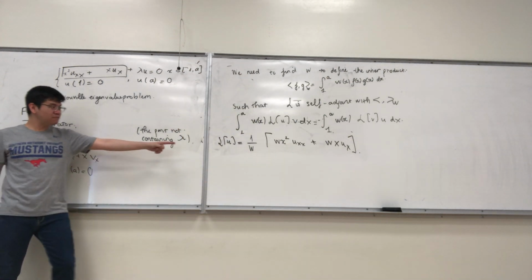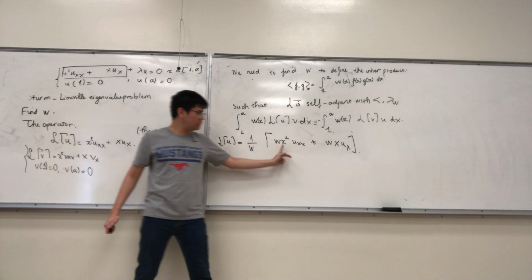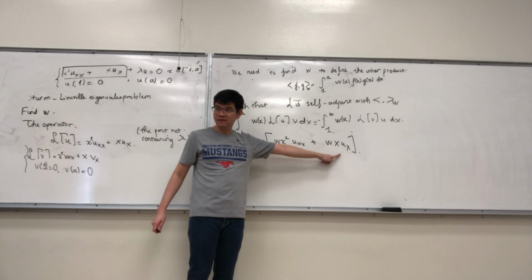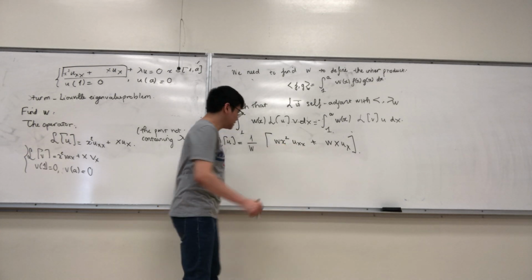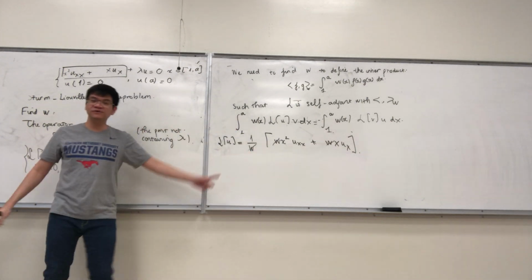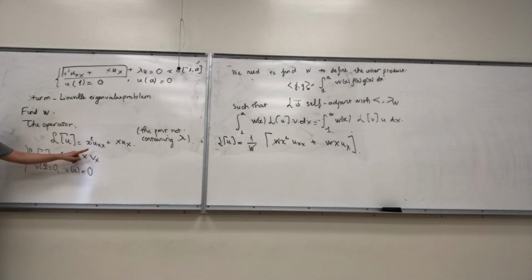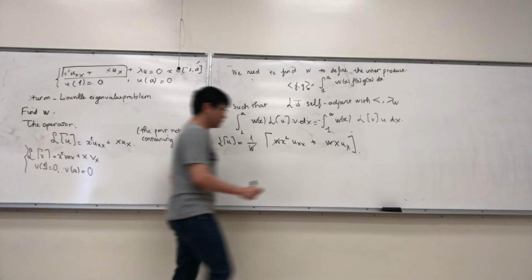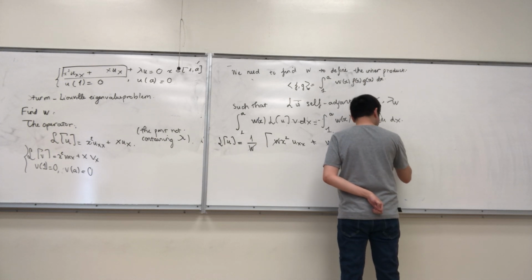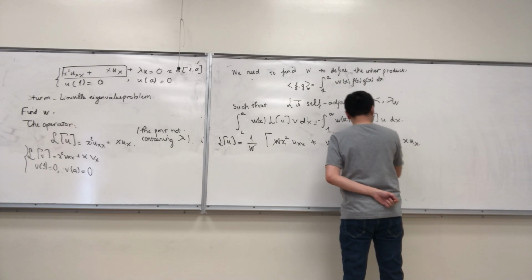I can write Lu as 1 over w, w x squared uxx plus w x ux. It is the same because you multiply by w and then you divide by w. So it's going to give you the same thing, x squared uxx plus x ux.